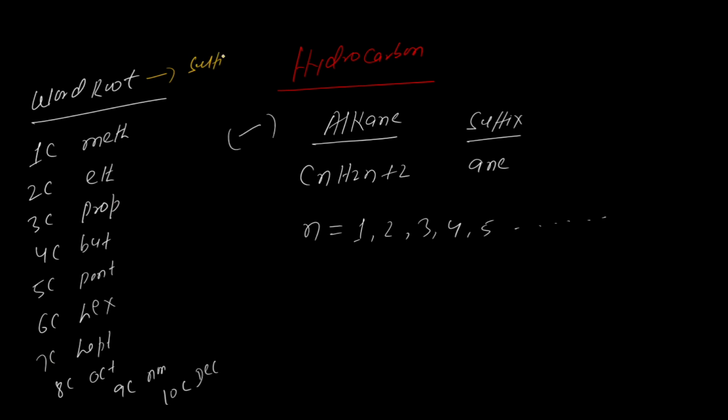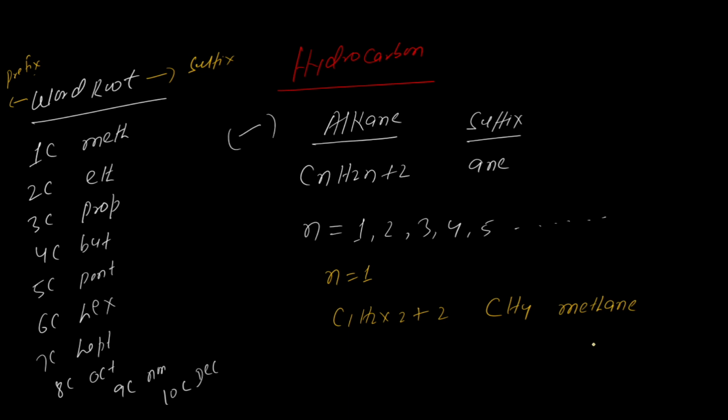Now this is the word root. What comes after the word root is the suffix, and before the word root is known as prefix. In the case of alkane, we are using the suffix. Suppose we put n equal to 1, so it will be C1H(2×1+2), which is CH4. This is 1 carbon, that's meth, and we use suffix -ane: methane.